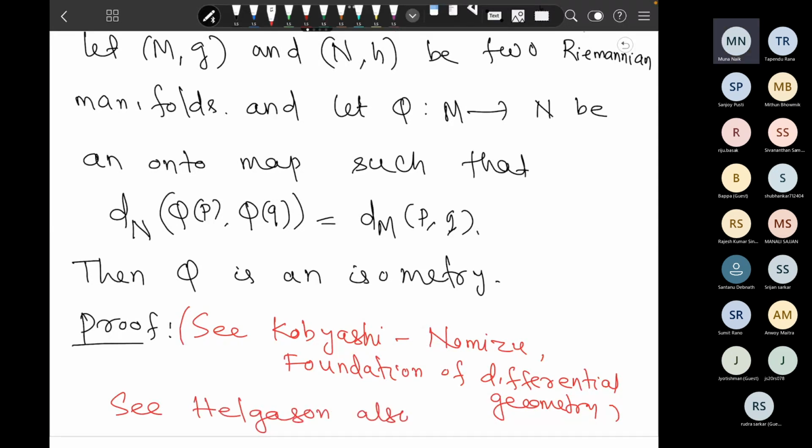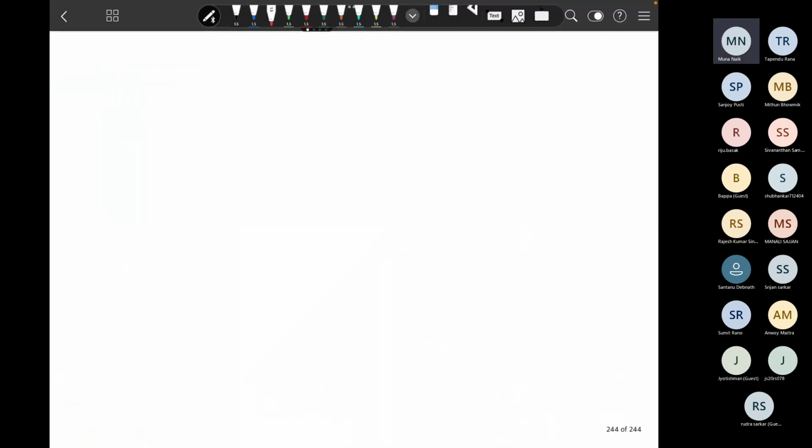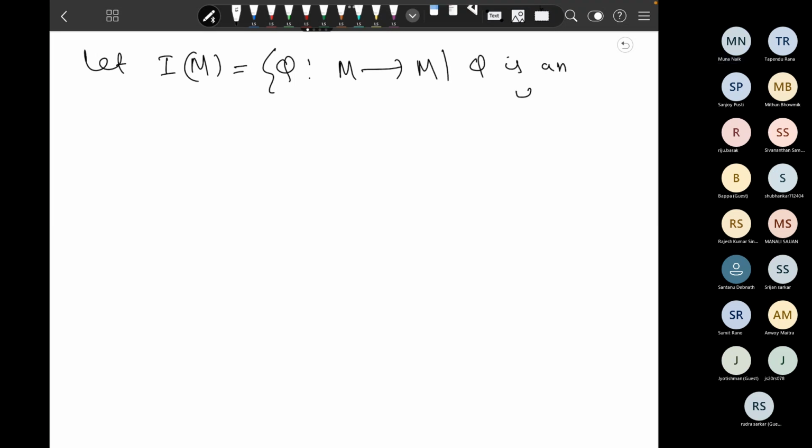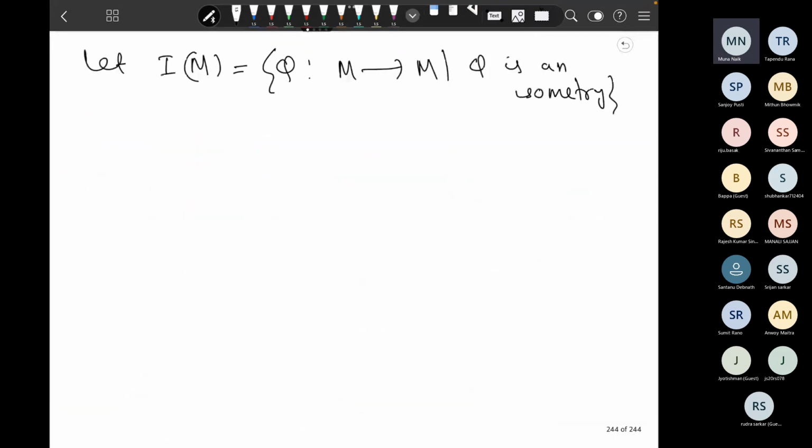Okay. Now let I(M) be the set of maps phi from M to M such that phi is an isometry. By my previous result, I(M) is nothing but the distance-preserving maps from M to M, where I am assuming that M is a Riemannian manifold here.